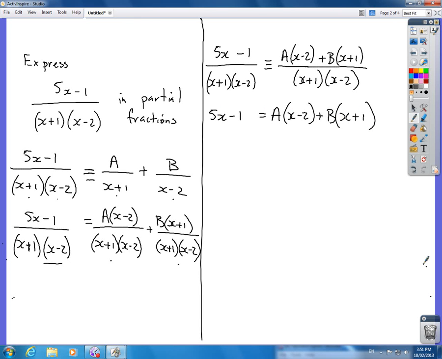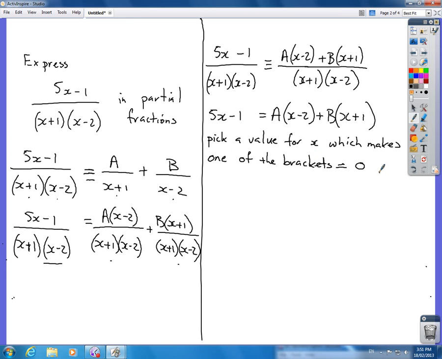What do I pick? I pick a value for x which makes one of the brackets equal to 0.